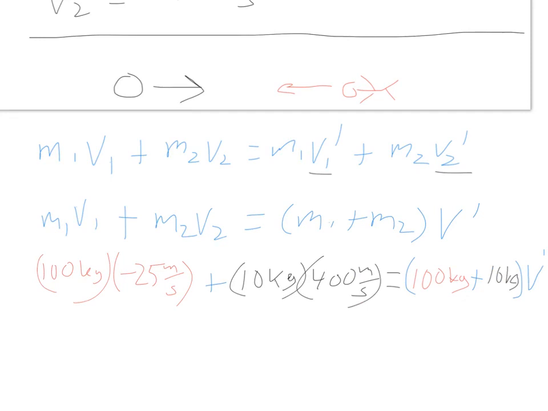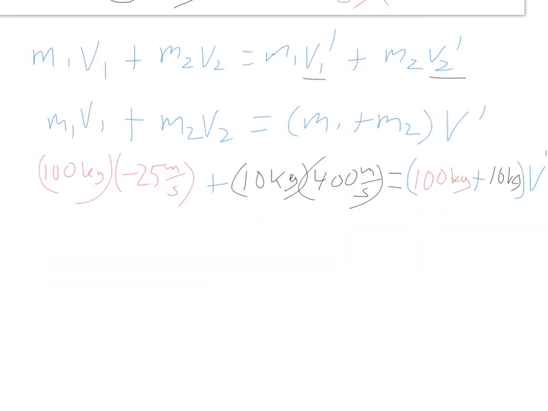All right, so for radioactive man here, he's got a moving inertia or momentum before, that's negative 5,000. And then the cannonball's got a momentum of positive 4,000. All right, and then together they've got a combined mass of 110 kilograms, and they're going to move together after.